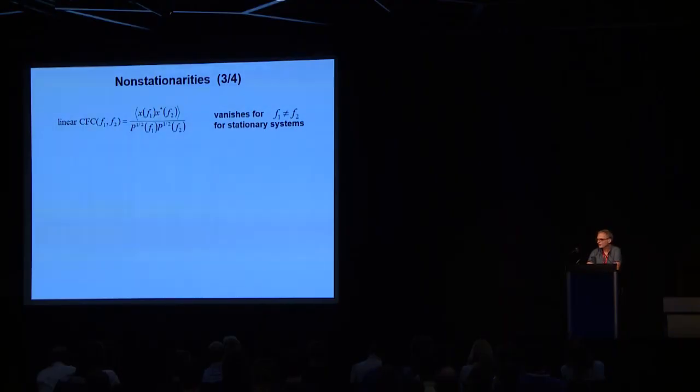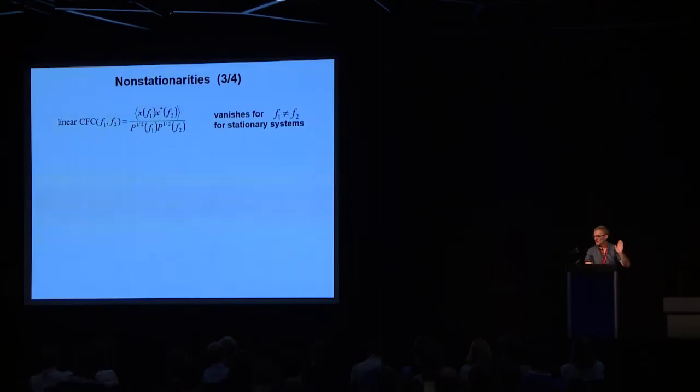So I want to demonstrate this a little bit and just calculate something which I would call a linear cross-frequency coupling. The definition here on the right side is like coherence. Now coherence: X at some frequency F1, times X star at another frequency F2.